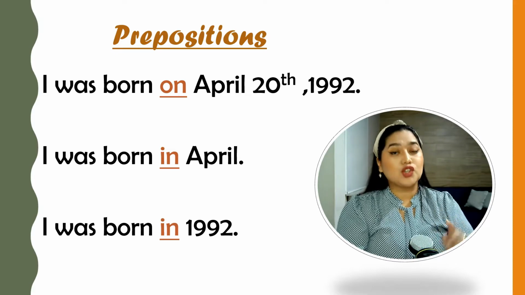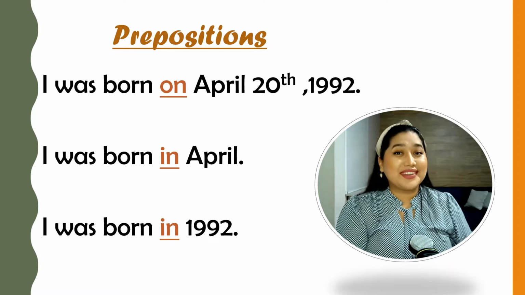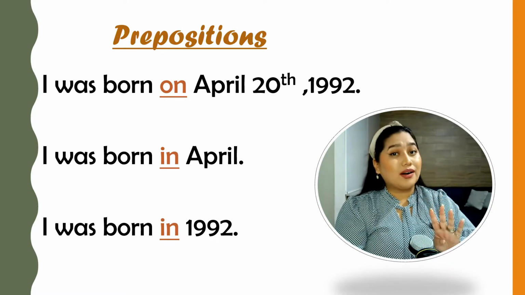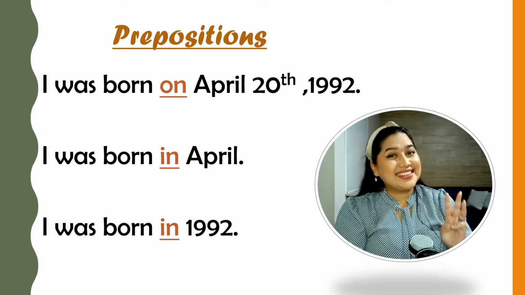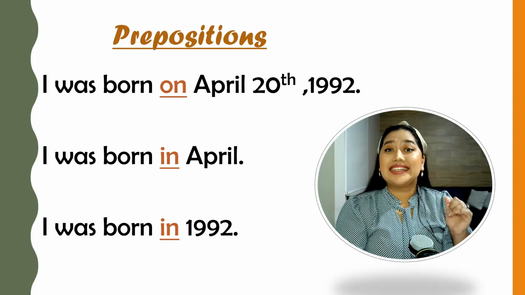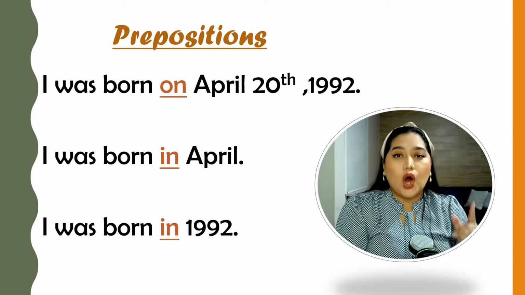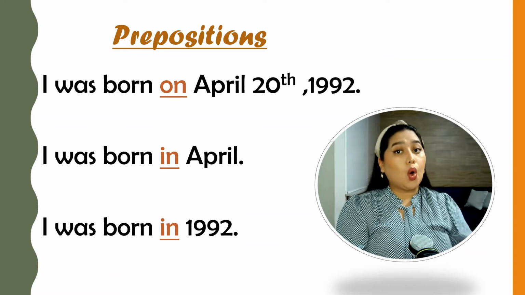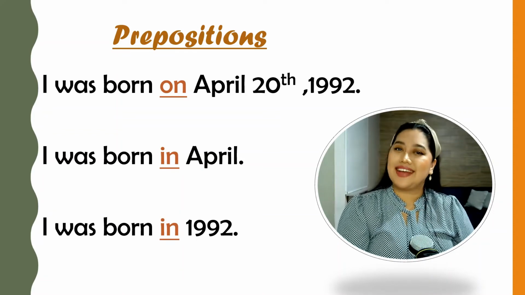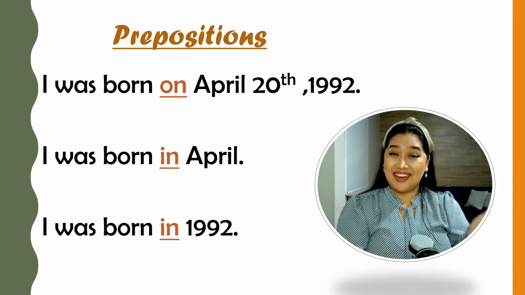And of course, when we use days, we need to remember ordinal numbers like first, second, third, fourth, fifth, sixth, seventh, eighth, ninth, or 10th. In this case, we have 20th. And always use the correct preposition. On April the 20th, 1992. In April, in 1992. Alright, so now it's time to practice saying dates. Come on, let's try it.